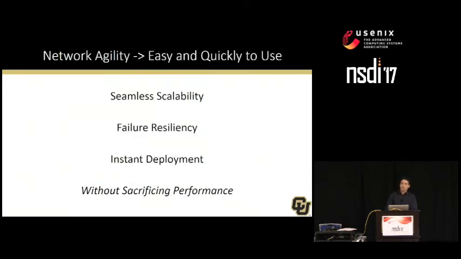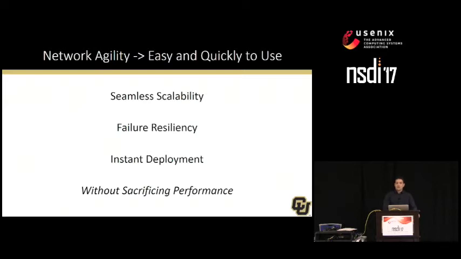To match the definition of agility, which is ease of use and quick deployment, network functions need to have three features: seamless scalability, the ability to scale up and down without disrupting the network traffic; failure resiliency, the ability to detect and recover from failure, again without disrupting network traffic; and finally, instant deployment, the ability to instantly launch network functions and configure their scalability and failure resiliency.